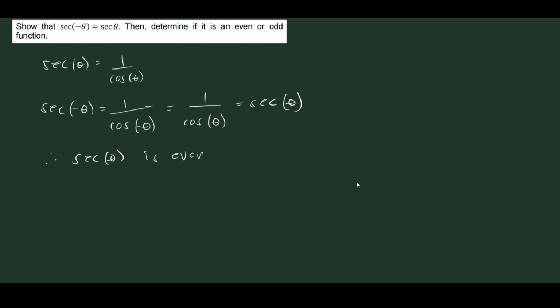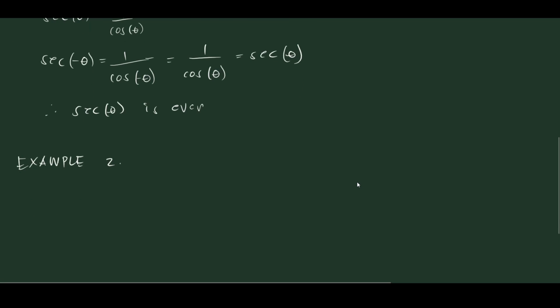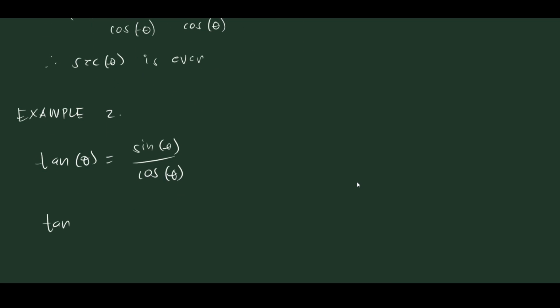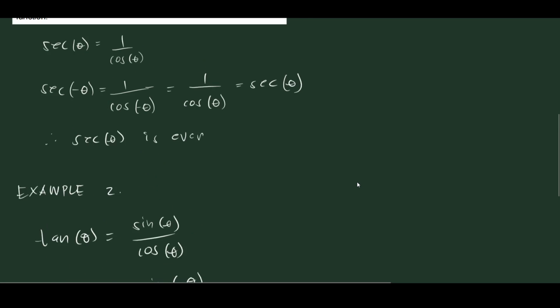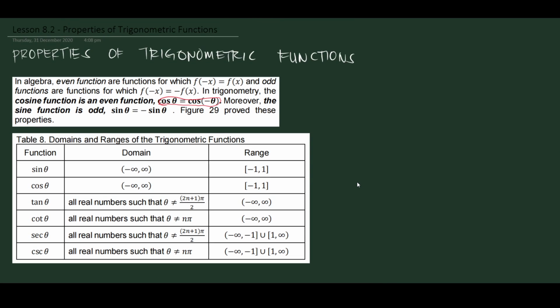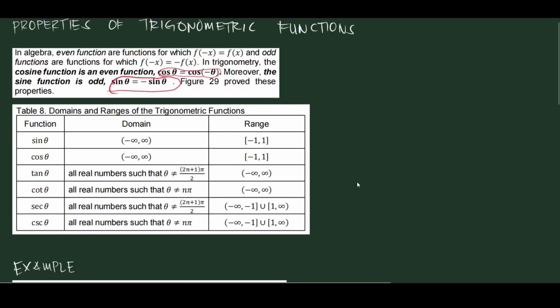Okay, how about another example here? Tangent theta, as you know, is sine theta over cosine theta, right? Let's substitute negative theta here. That would be sine of negative theta over cosine of negative theta. From our statement here, we know that sine is odd, so we have sine of negative theta is equal to negative sine theta.